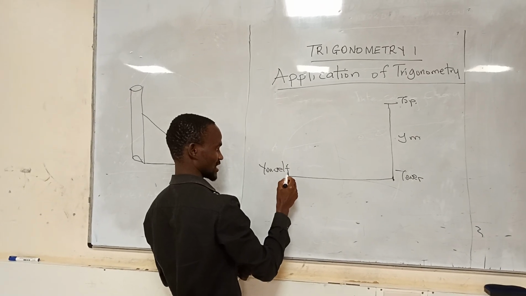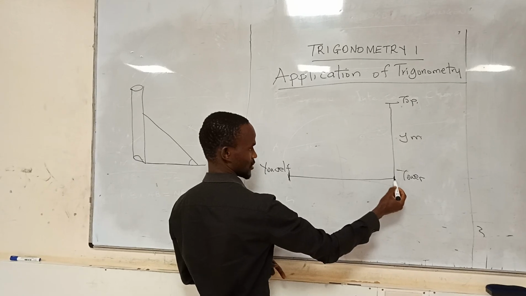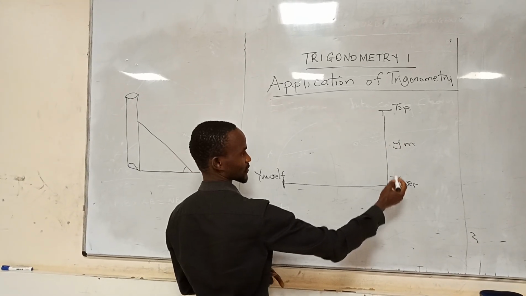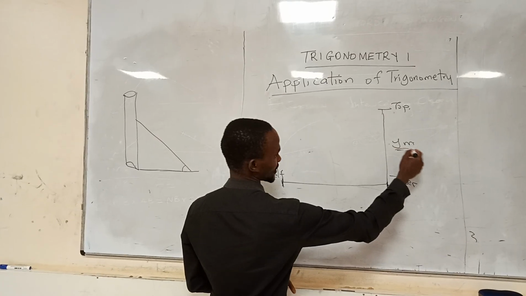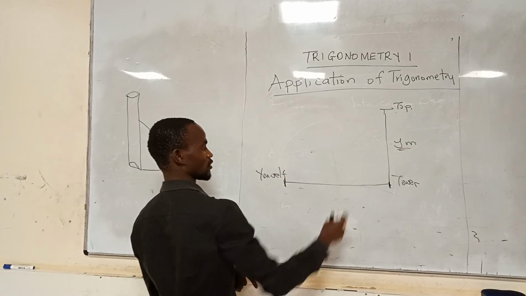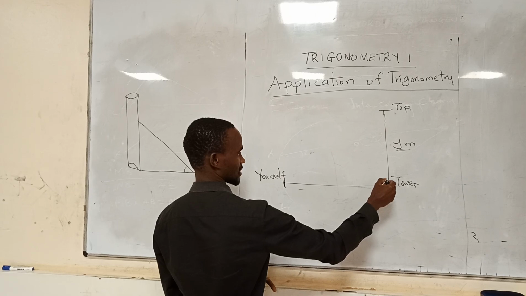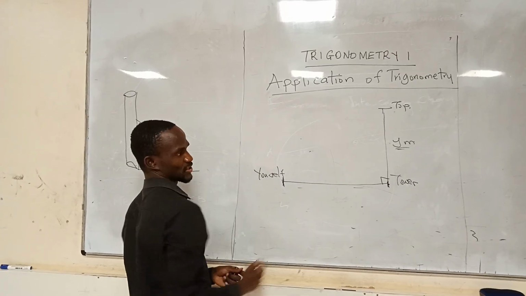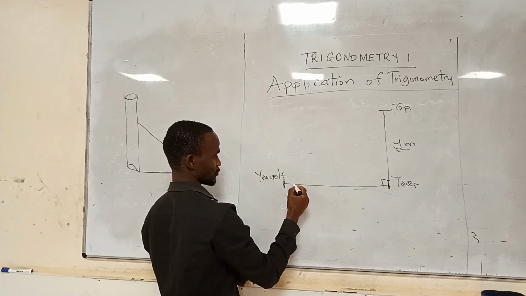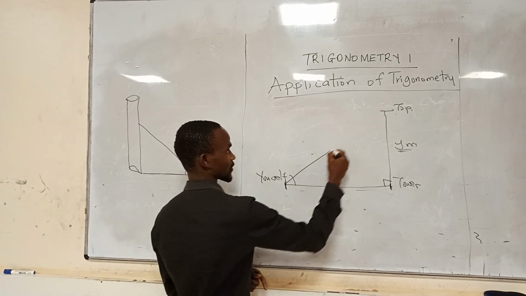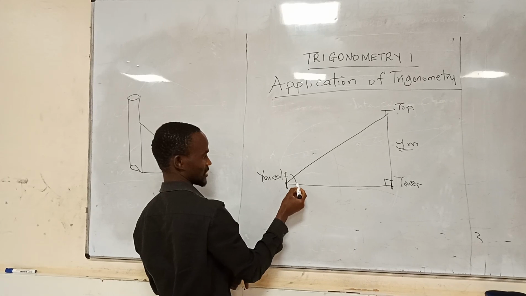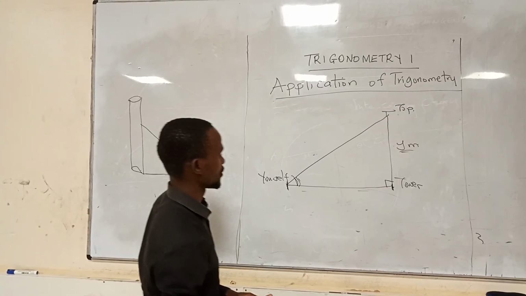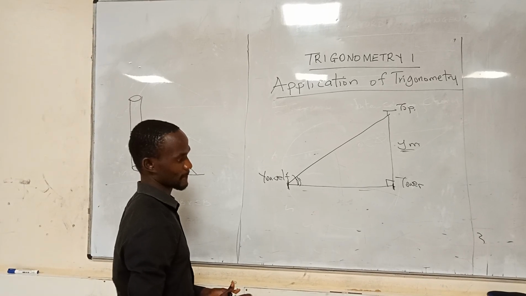Maybe the horizontal distance from yourself to the tower is known, and then you need the height of the tower y. The tower and the horizontal ground are perpendicular. Using trigonometry, there is a way you will elevate yourself such that you will be able to see the top of that particular tower.